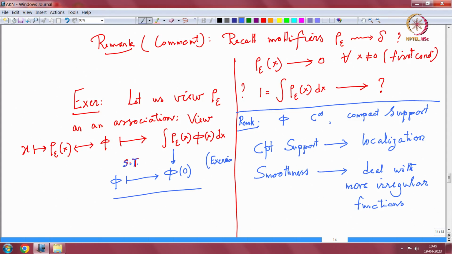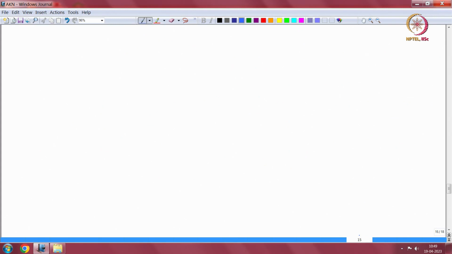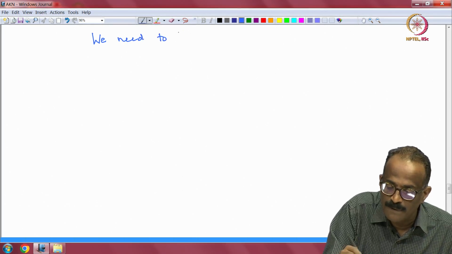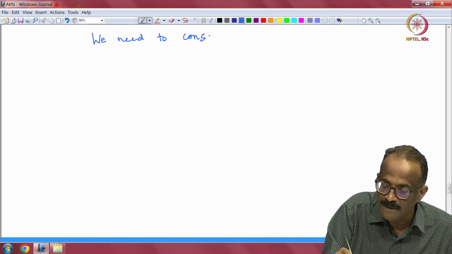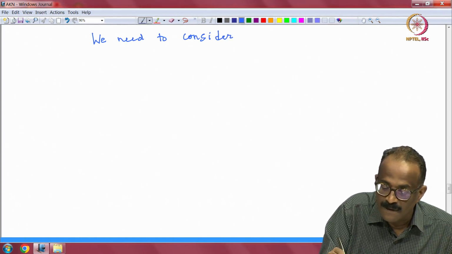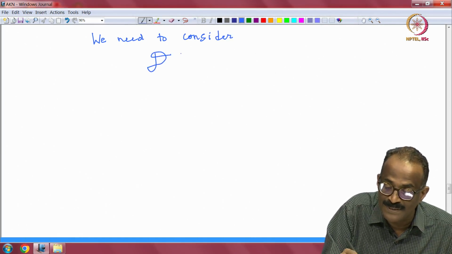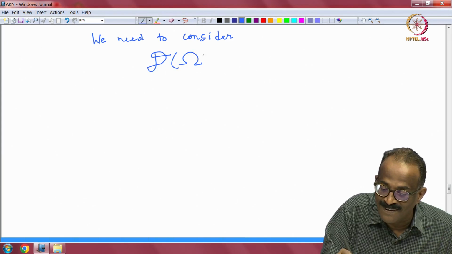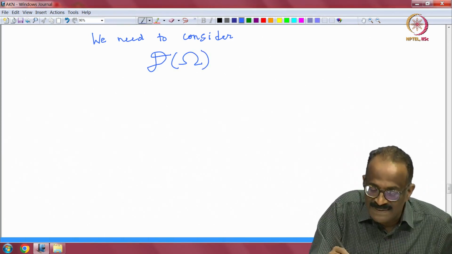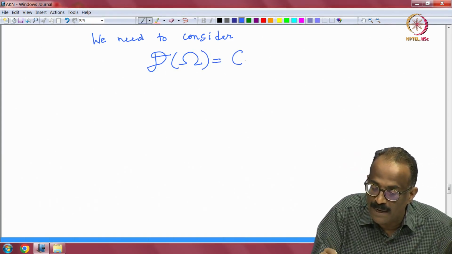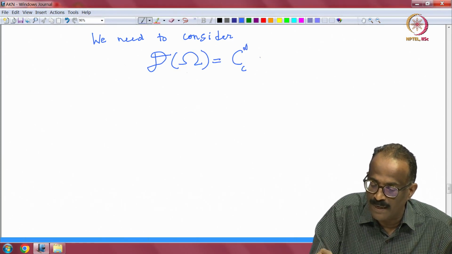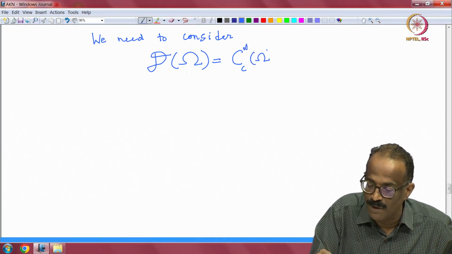That was enough to recover your function. So, this automatically forces us to consider the space which we have introduced earlier. Basically this is C_c infinity of omega, also called D of omega.